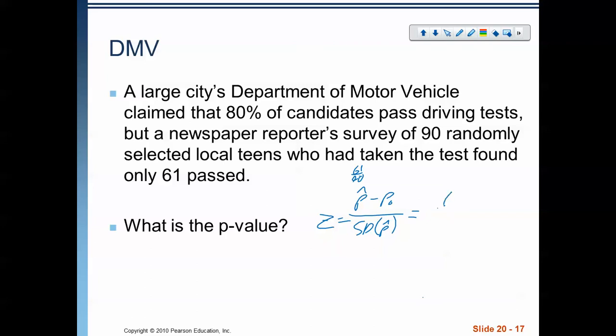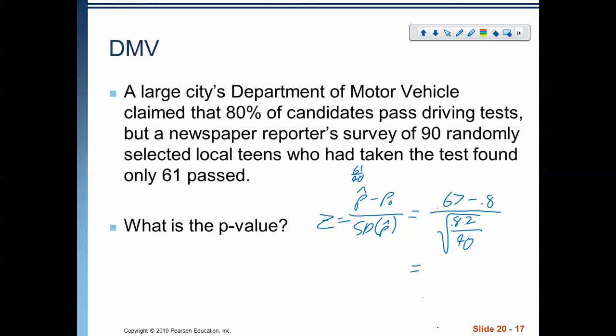So this is 0.67, and my hypothesized value is the 0.8. That's what I was saying up here, right? That's our 80% hypothesized value. And then down here we have the standard deviation of 0.8 times 0.2 all over my sample size of 90. And I'm going to find that value.